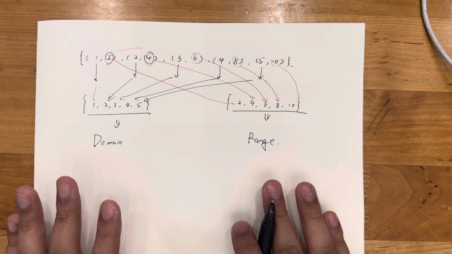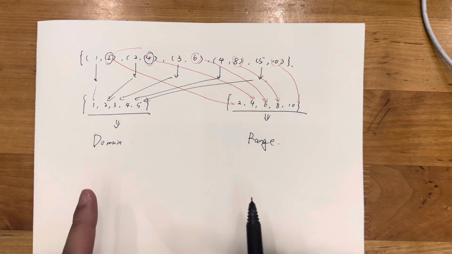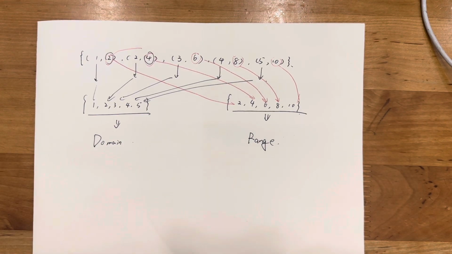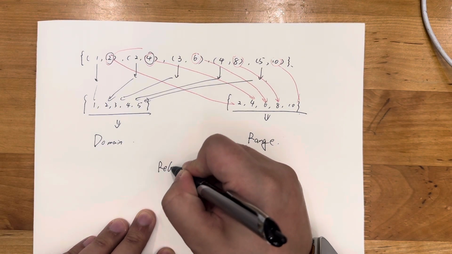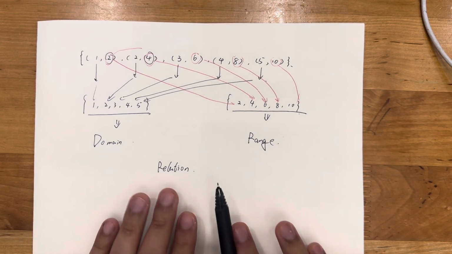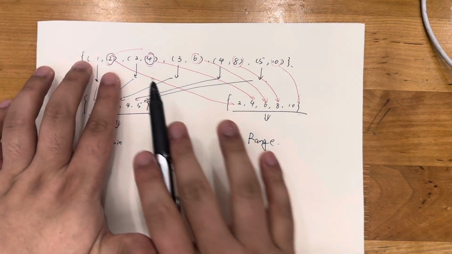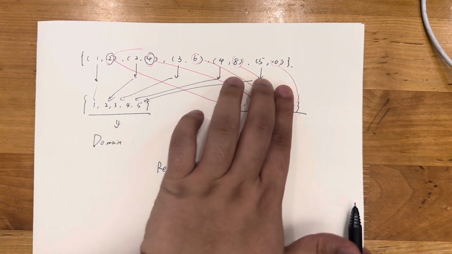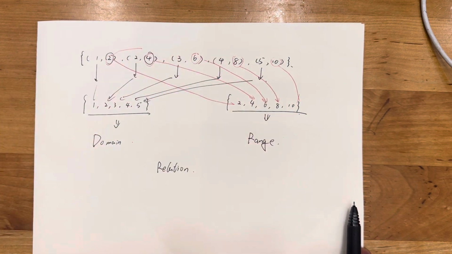Another concept that involves domain and range is the relation. A relation is just a set of ordered pairs. It's a pair, a pair, a pair, a pair, a pair. All the pairs are ordered.